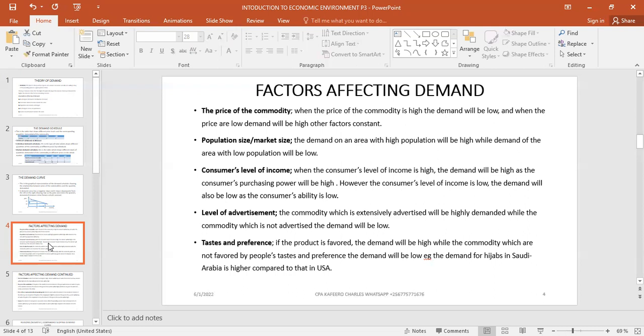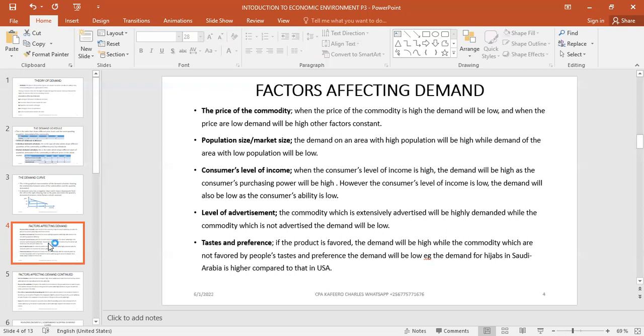So when the company advertises its products, the customers will come to know what the company is offering to them and at what price, so that they can be able to buy whatever has been advertised.